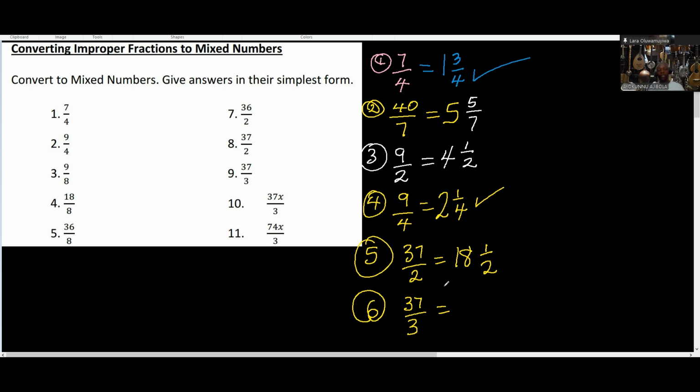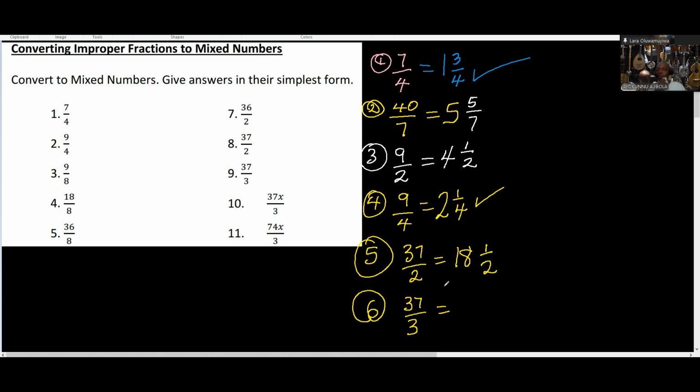We are still below 37. So 3 times 6, 18. 3 times 7, 21. 3 times 8, 24. 3 times 9, 27. 3 times 10, 30.